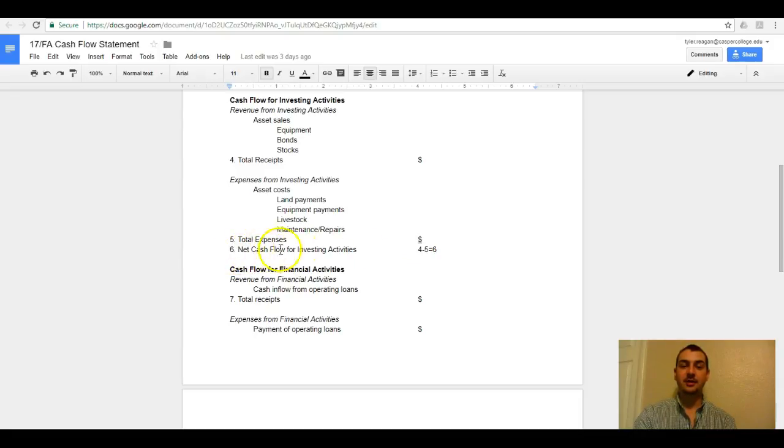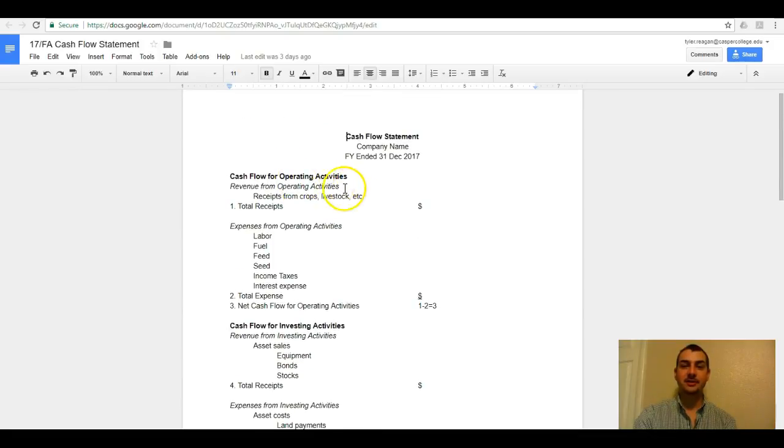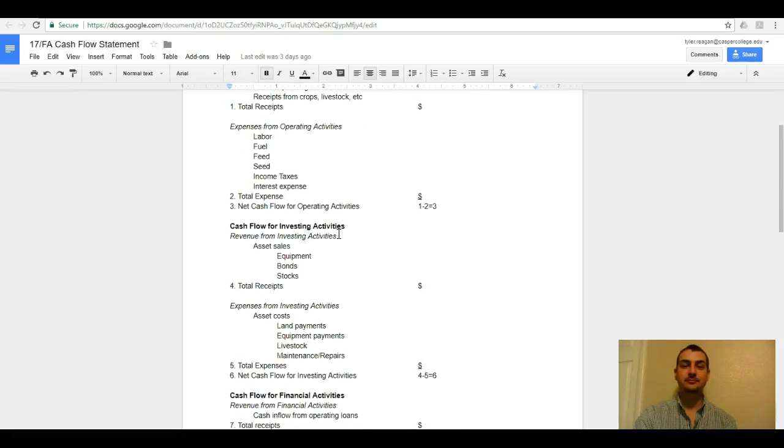And that'll calculate the net cash flow from investing activities. You calculate the net cash flow of investing activities in the exact same manner as how you calculate the net cash flow of operating activities.